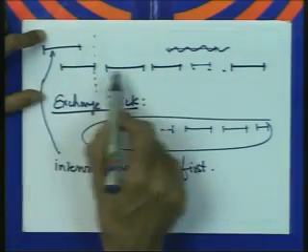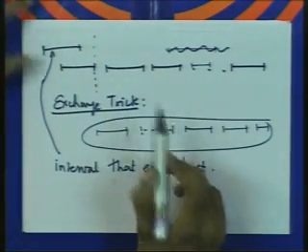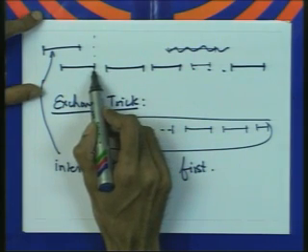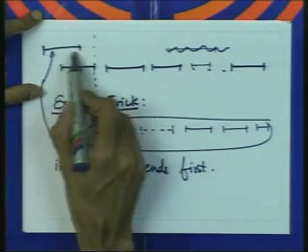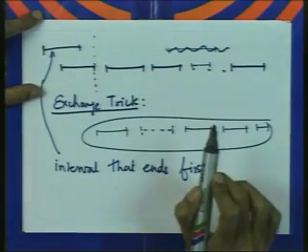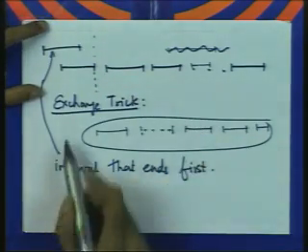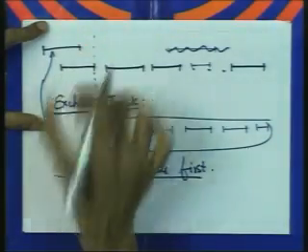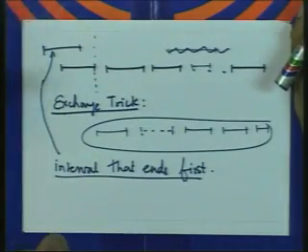This will certainly not intersect with the second interval, because the starting time of the second interval comes after the ending time of the first interval, and the ending time of this interval is either this or before. So, I can always add the interval that ends first and remove the first interval if need be.